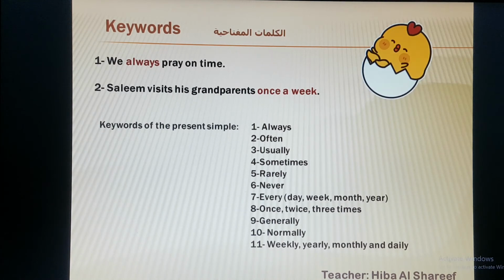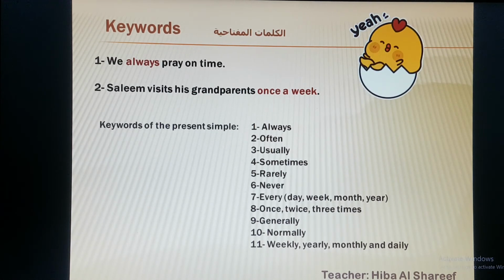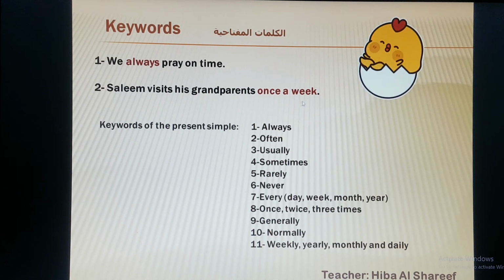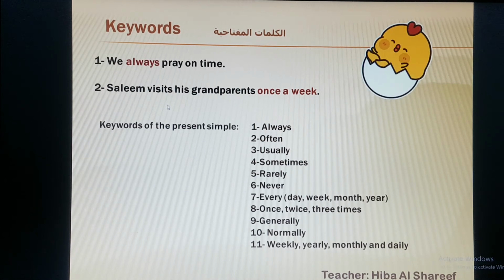Here always is a keyword for the present simple tense. دايما لما نشوف هدول الكلمات عطول بنعرف إنها الجملة present simple tense and we choose the present simple tense verb. 2. Salim visits his grandparents once a week. Once a week is a keyword for the present simple tense. Here we use the verb visits.